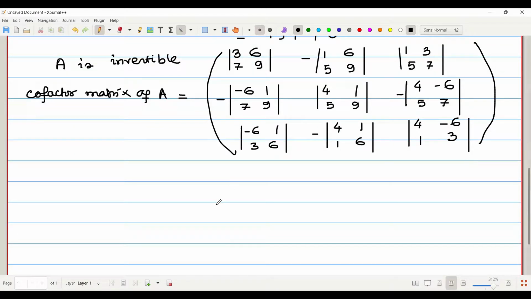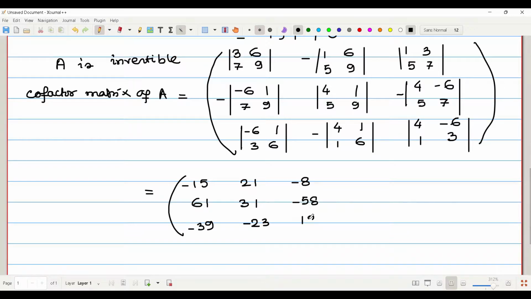Now from here we can say the cofactor matrix is minus 15, 21, minus 8, 61, 31, minus 58, minus 39, minus 23, and finally 18.